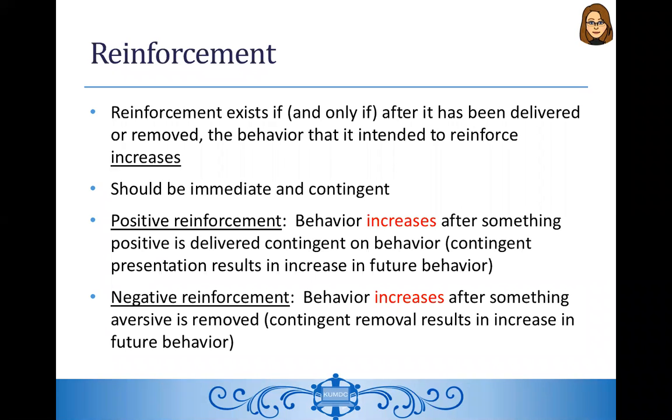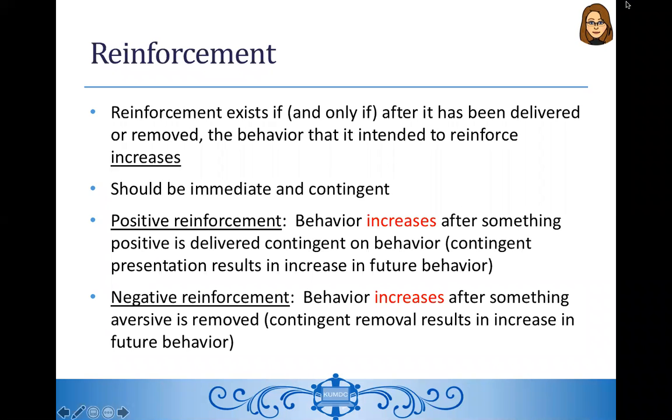It should also be immediate and contingent. So it should immediately follow the student complying or doing whatever behavior it is that you're wanting, and it should be contingent on them doing that behavior. With positive reinforcement, behavior increases after something positive is delivered contingent on behavior.